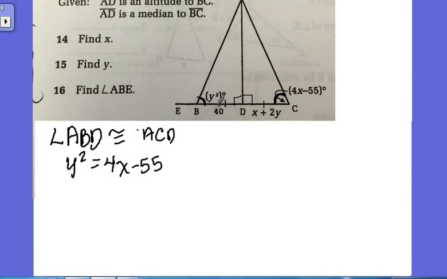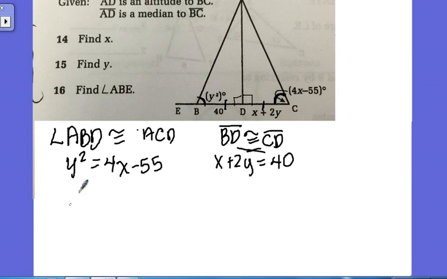Also, we have these two congruent segments, so we can say that BD is congruent to CD, and that was the median rule that helped us with that. So we know that x plus 2y is equal to 40. So we have to decide now what we want to do.